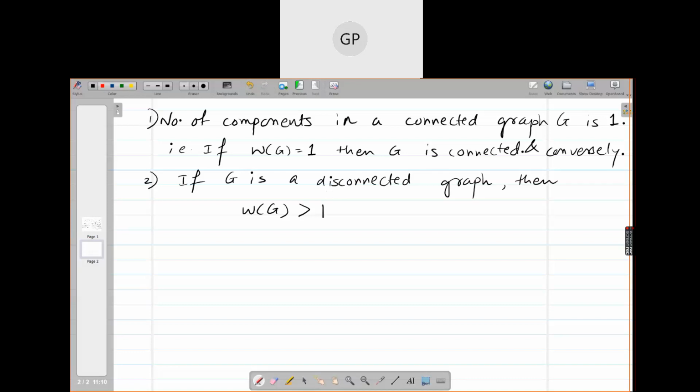Okay, so let us have a theorem today on number of components, number of vertices, where certain mathematical adjustments are done. Before that, tell me, how many numbers are associated with a graph?